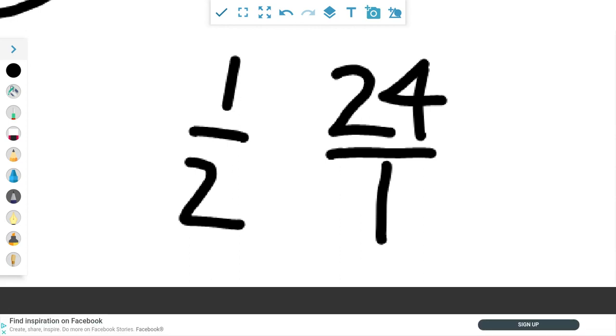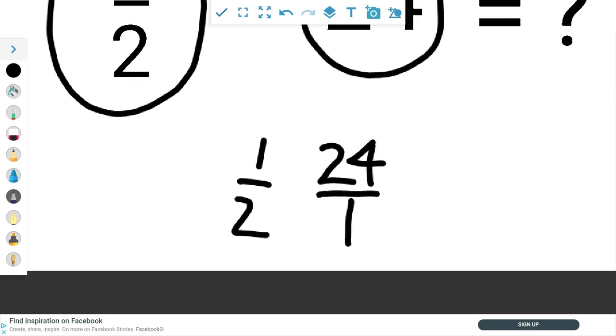I wouldn't be surprised if you are thinking, this looks like an improper fraction, because it actually does, though this is just to show you how to make a number into a fraction for a case like this.